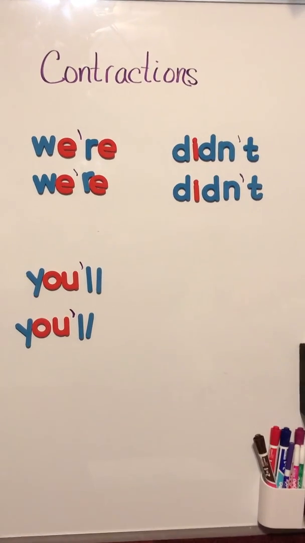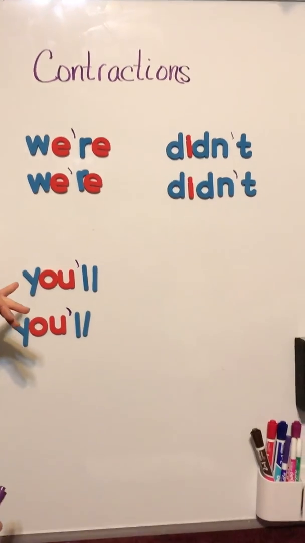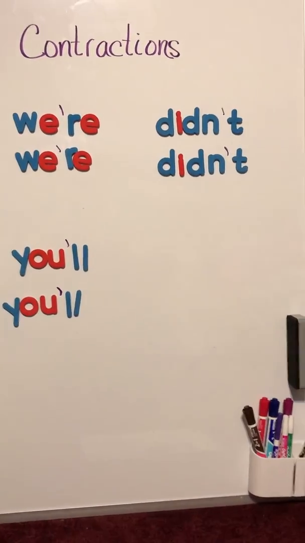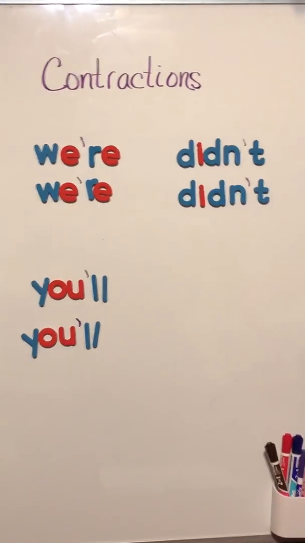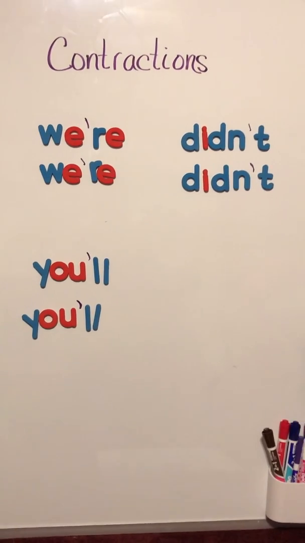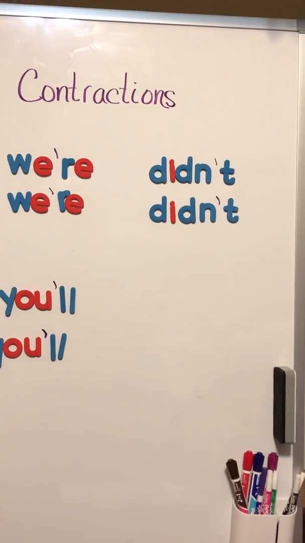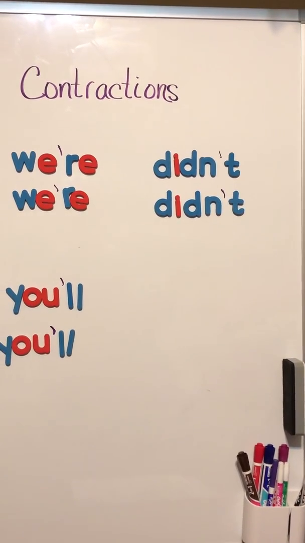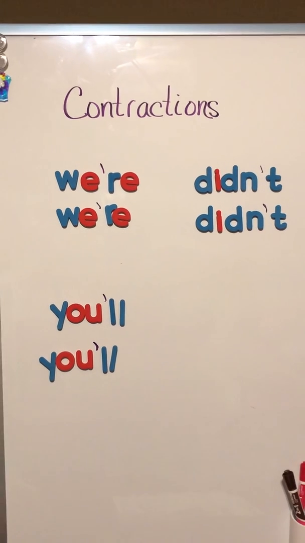Now today your assignment is to go into Google Classroom, and in the comments section underneath the post for this activity, you are going to write some contractions that you find in your reading or in any book that you would like to look through, or any contraction that you can just think of off the top of your head.